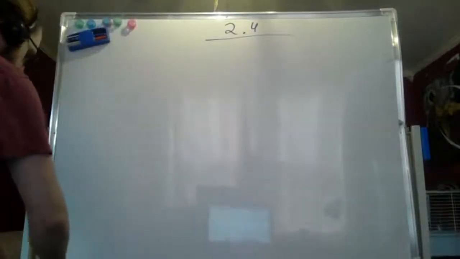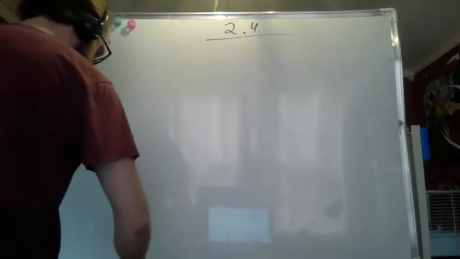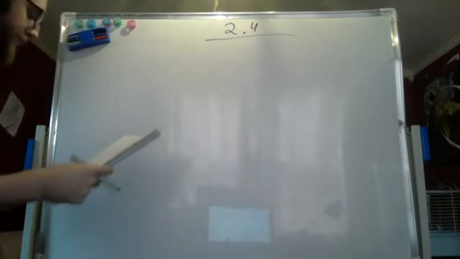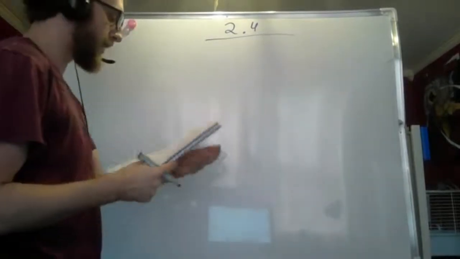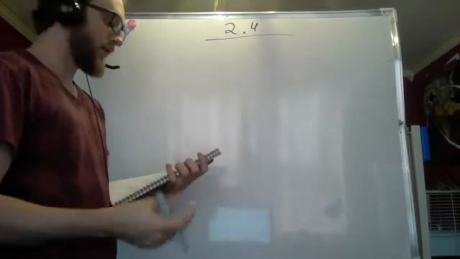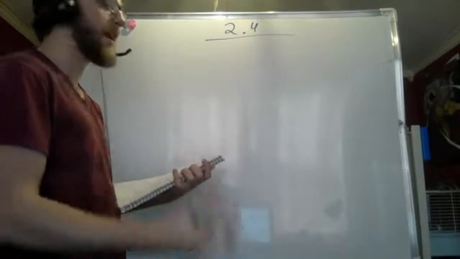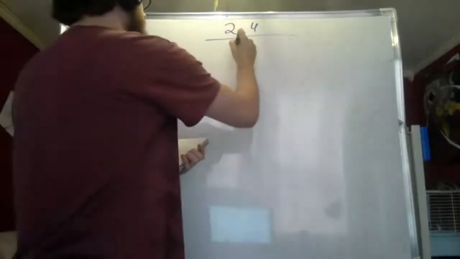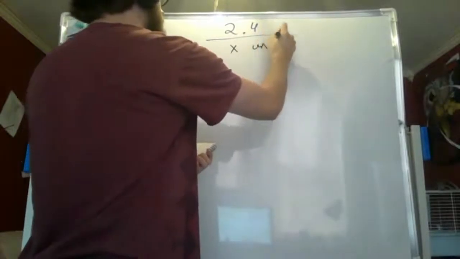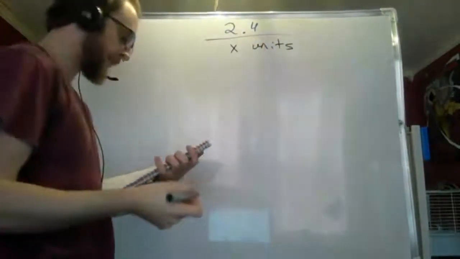So we have here, and we're going to switch to black. Suppose that a manufacturer has determined that the price of producing X units, so again, X is the number of units that we have.